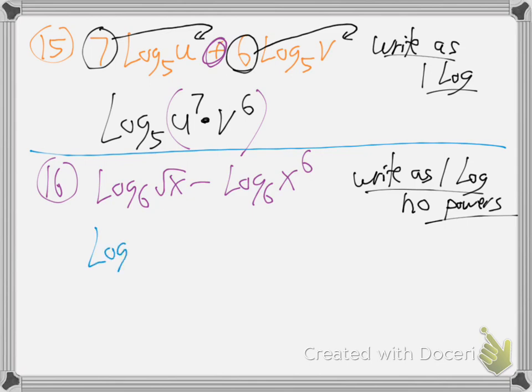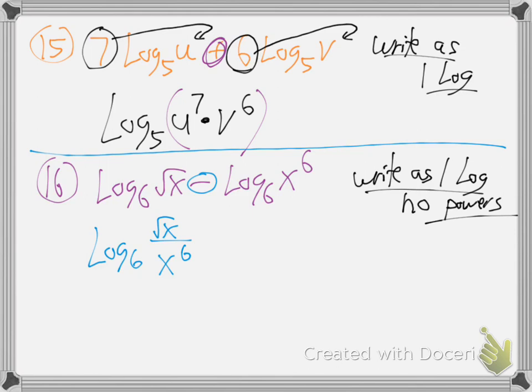So 1 log, so we have root x over x to the 6th. Good so far? Subtracting, easy job for 2 people, becomes a harder job, dividing, for 1 log. Harder operation for 1 log. Good to there?